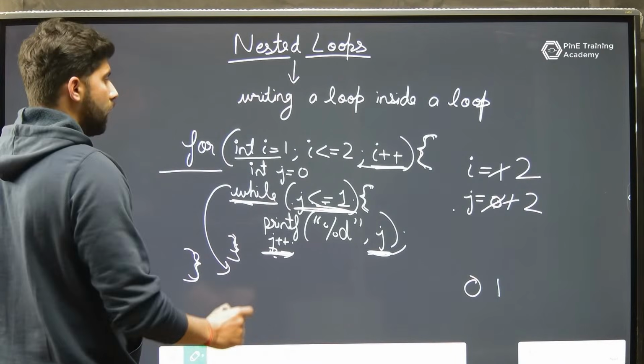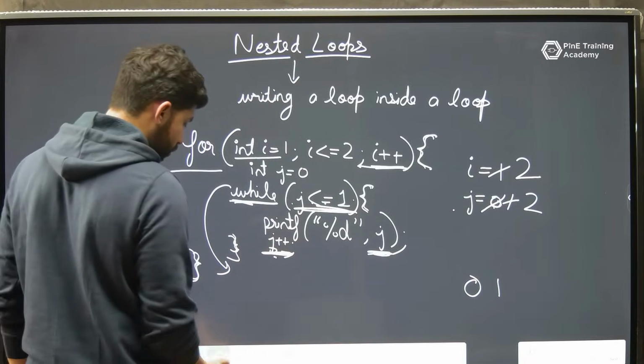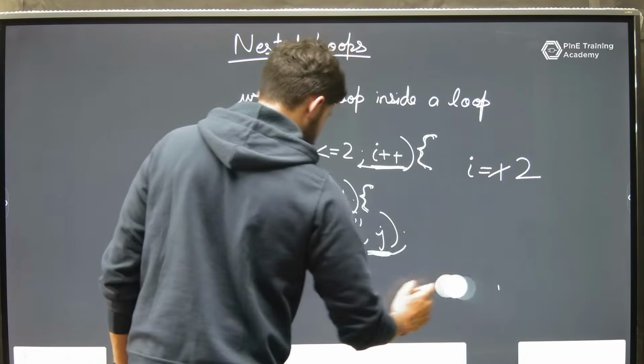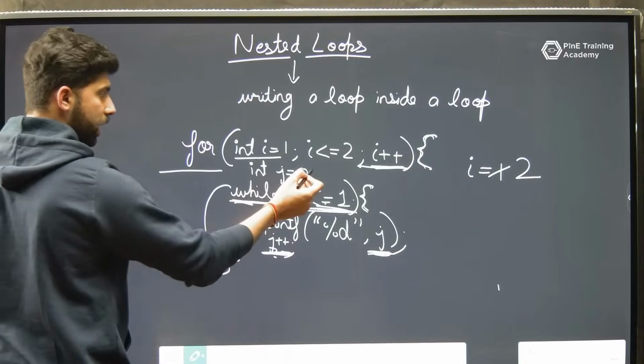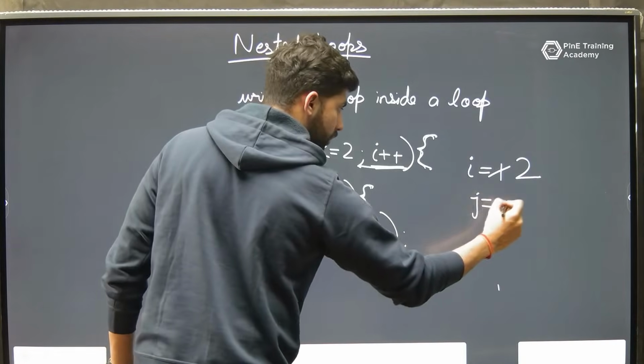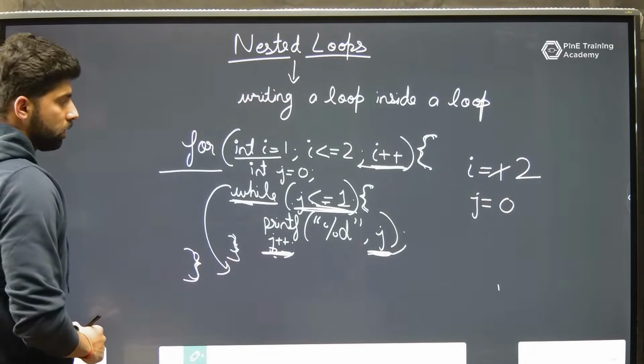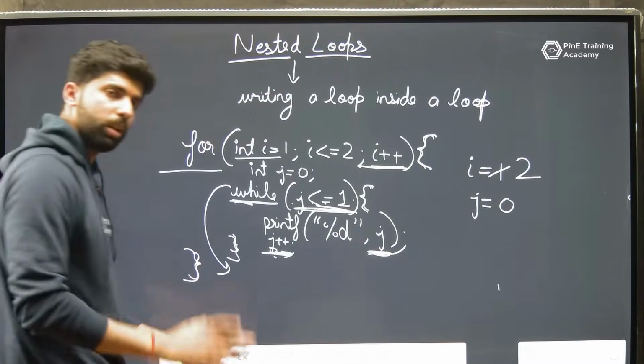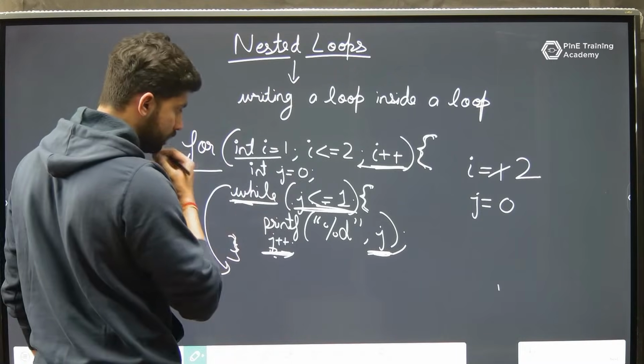Now we will start again. A new j will be created again because I'm creating a j every time. So j will again start from 0. Our previous output will be there. It will not get deleted.